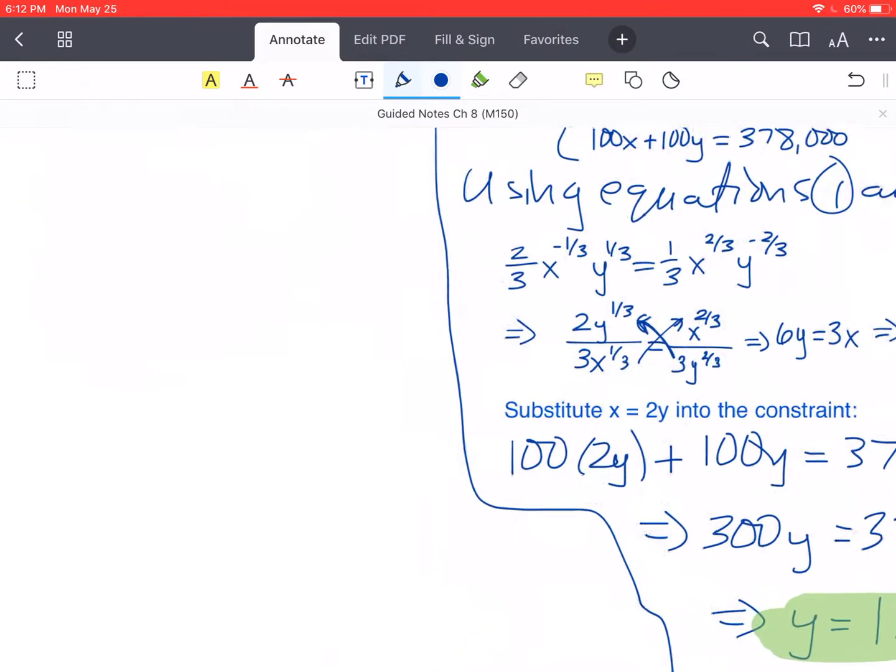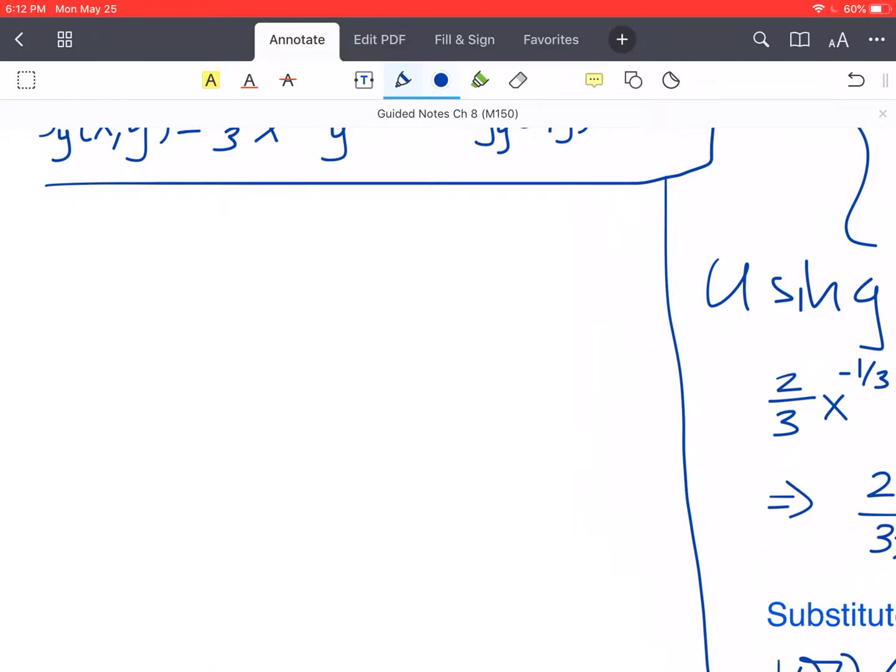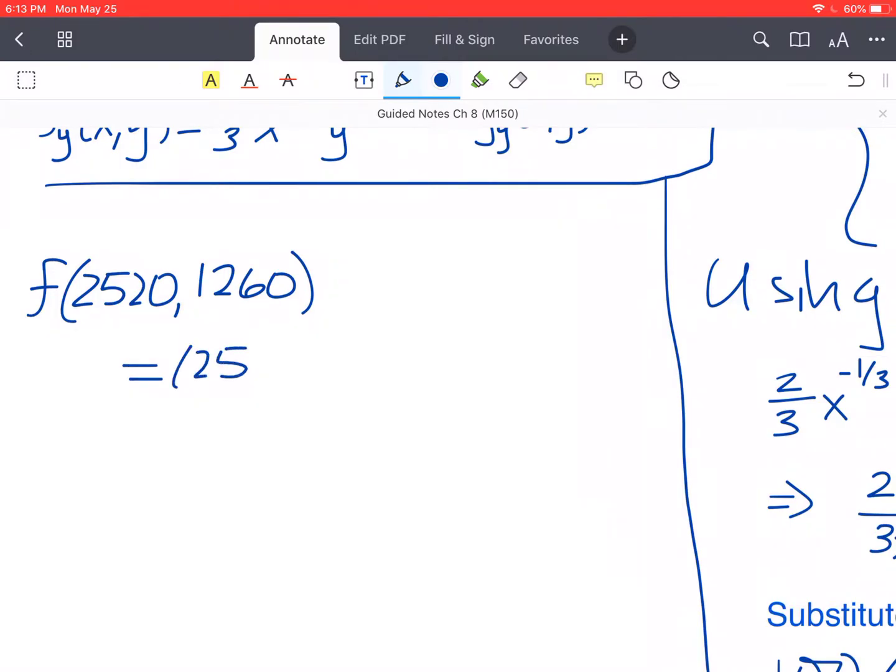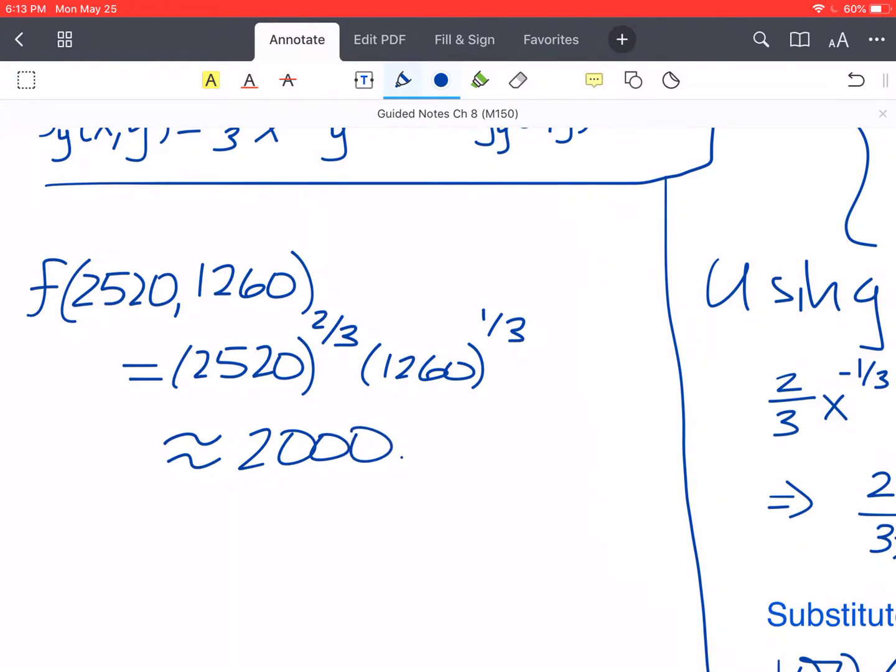So f of 2520, comma 1260, right, that equals 2520 to the 2/3 times 1260 to the 1/3, which is approximately 2000.1.